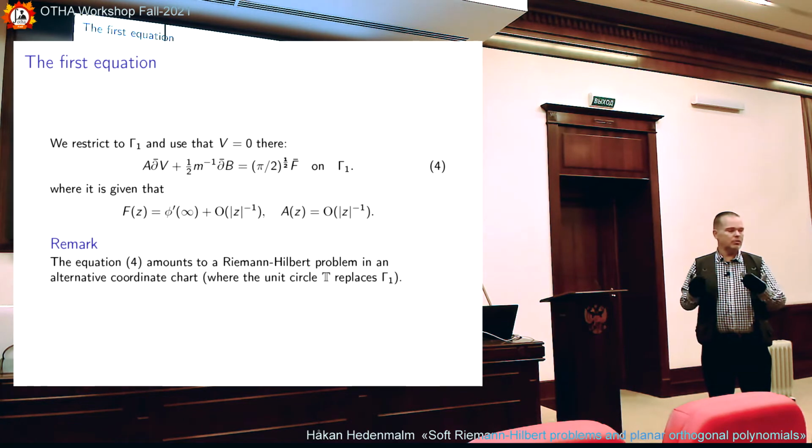More generally, you can think of it without this assumption I made on V. It's just a Riemann-Hilbert problem. And we can solve it. It's not very difficult. It's a scalar Riemann-Hilbert problem, a jump problem along this interface gamma 1.